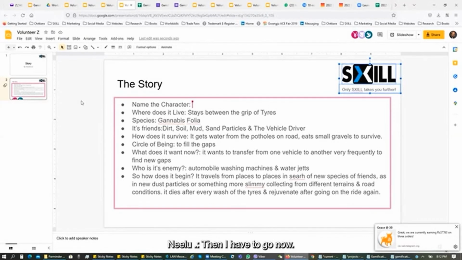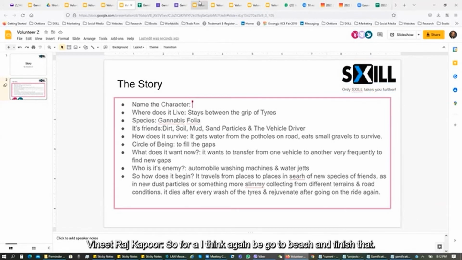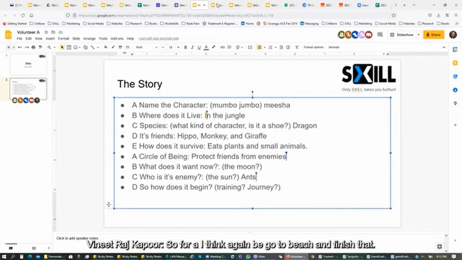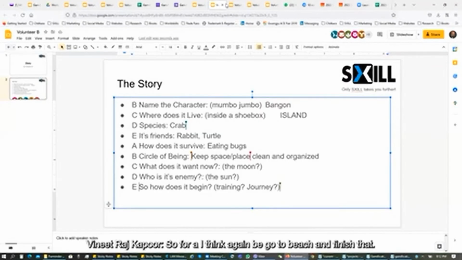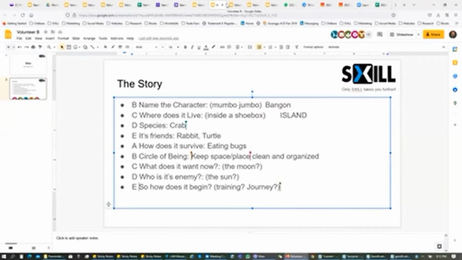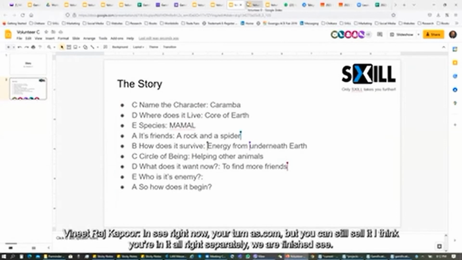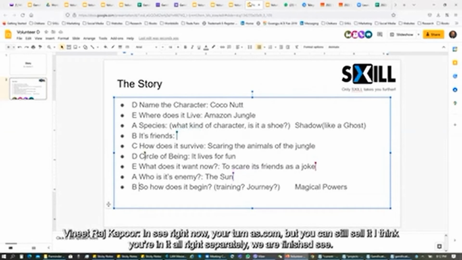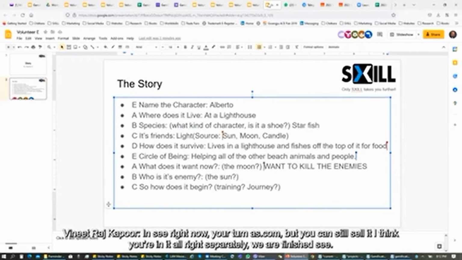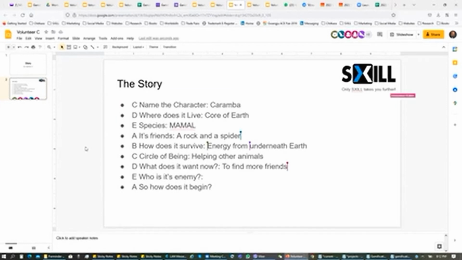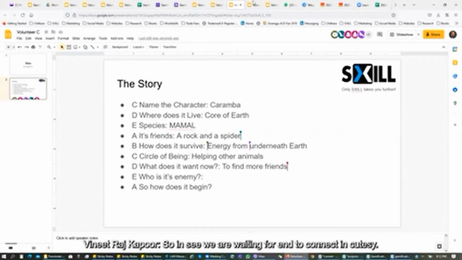Where do I have to go now? For A, go to B and finish that. If you finish that, then go to C. In C, right now your turn has not come, but you can still fill it. I think you've finished all except for C. So you have to finish C. In sheet C, we are waiting for E and A to finish.